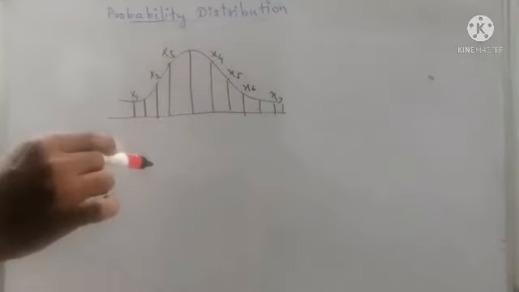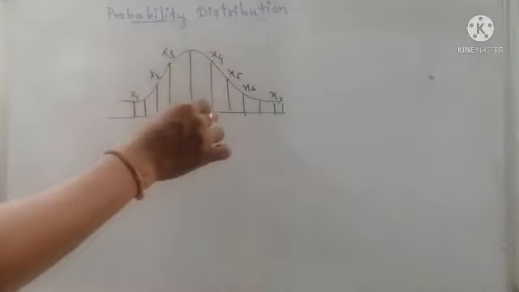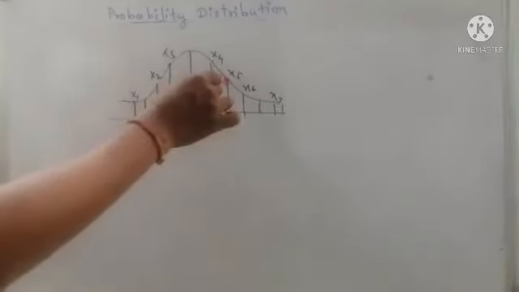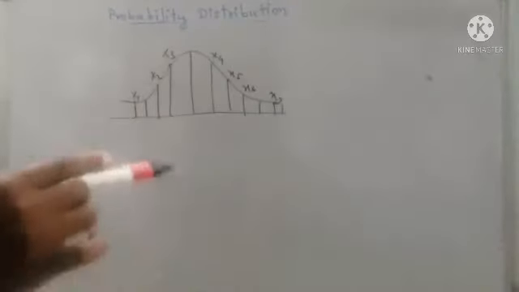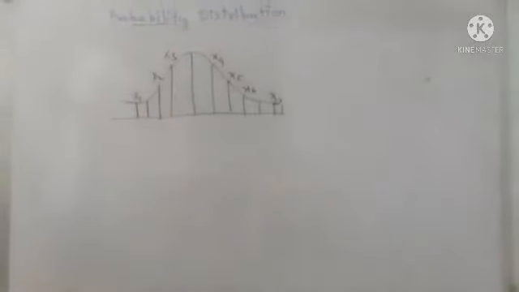That means the number of x3 in a distribution is more than the number of x5s in a distribution. Now between x5 and x7 you can say the number of variable x5 occurring in a distribution is more than the number of x7 occurring in a distribution.